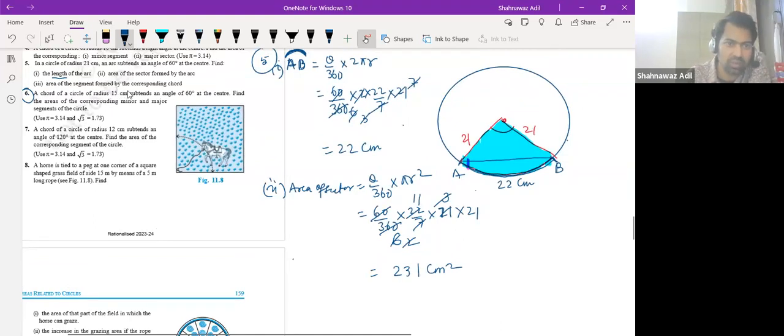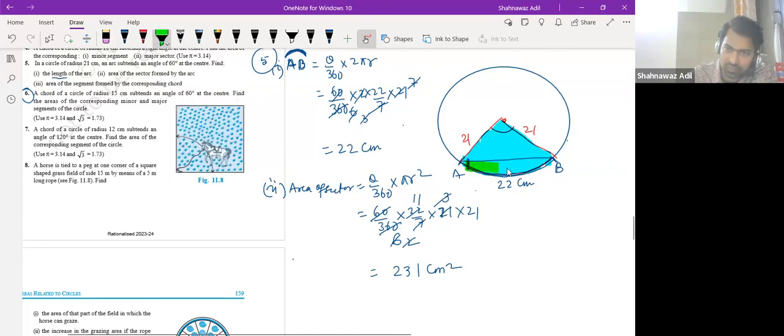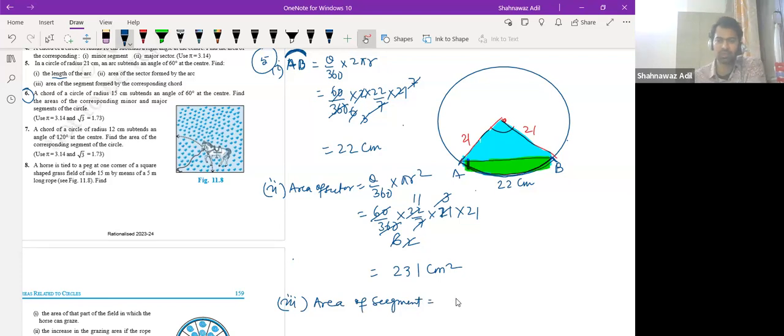of segment formed by the corresponding point. We have to find out this area. This area we have to find out. So what would be this area, Abir? Area of major sector plus the area of the triangle.